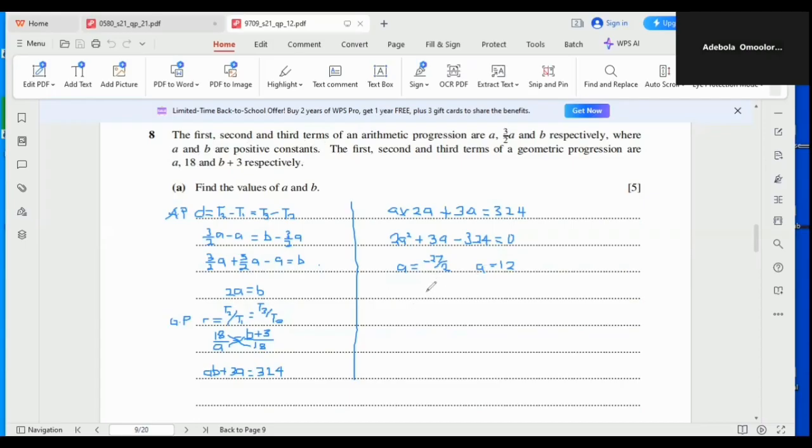So A is 12, not minus 27 over 2. If A is 12 and 2A is B, then 2 times 12 is B. So B is 24. So A is 12 and B is 24.